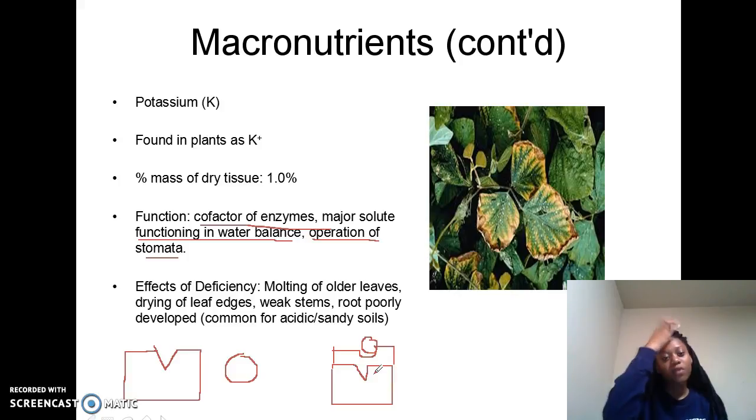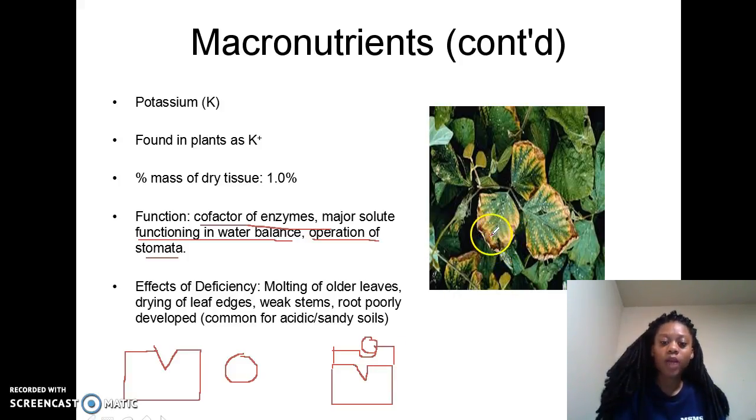If you have a deficiency in potassium, this is what the plant will look like. You have drying edges of the plant, as you see right here with the little brown edges. The plant's dried out and it's starting to wither. You see the yellow coloring because of the lack of water that's able to get in.